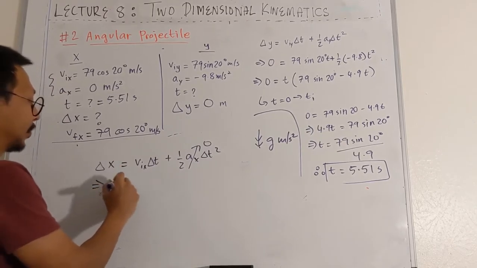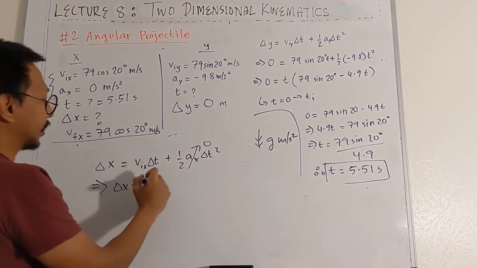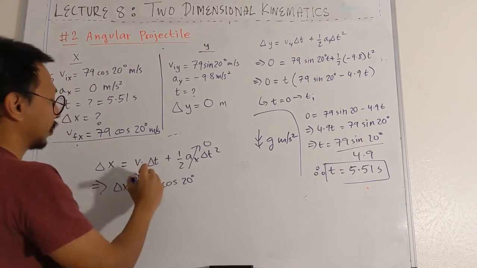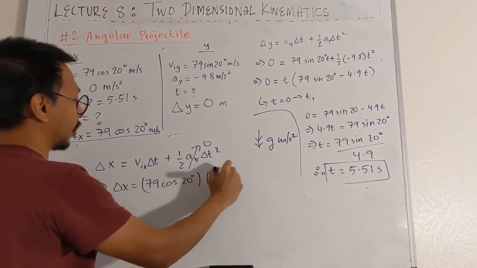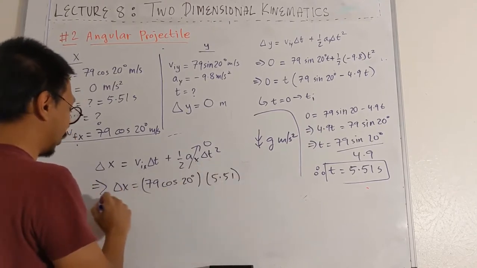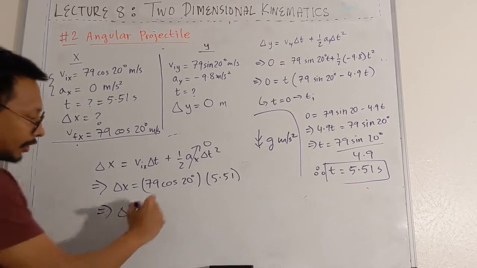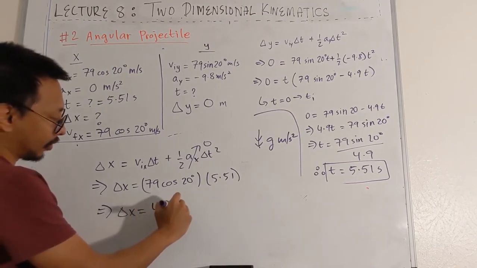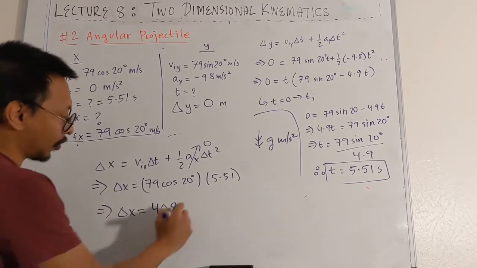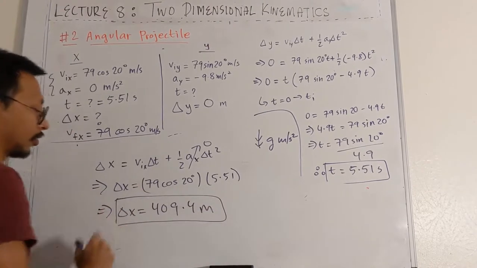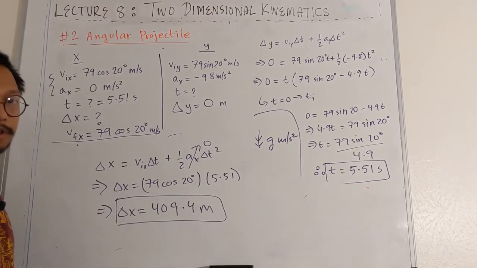Delta x is what we want to find, and vi is 79 cosine 20 times 5.51, and we are left with a displacement of 409.4 meters. So the ships were 409.4 meters apart.